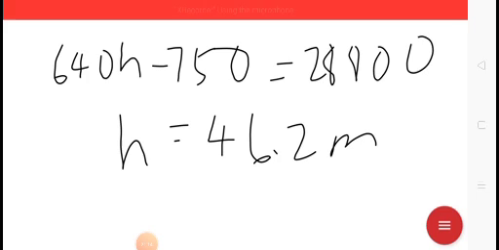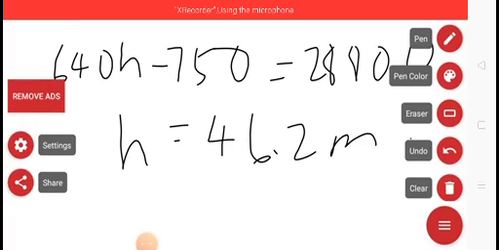Okay, so now we proceed to question 4. A box of mass m kg is initially at rest. It slides down a smooth slope and the incline is 30 degrees to the horizontal. Find the speed of the box after sliding a distance of 3 meters.